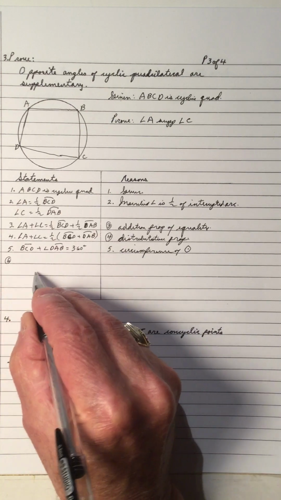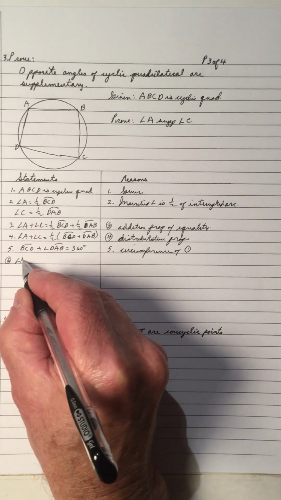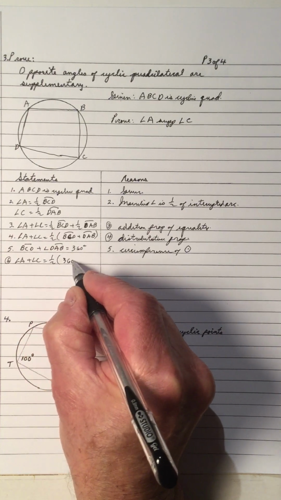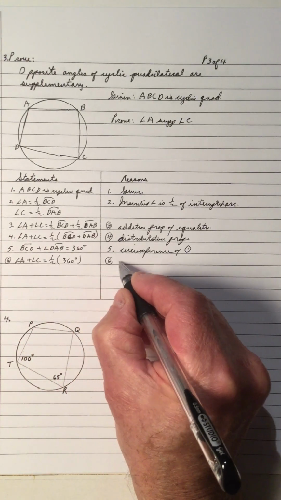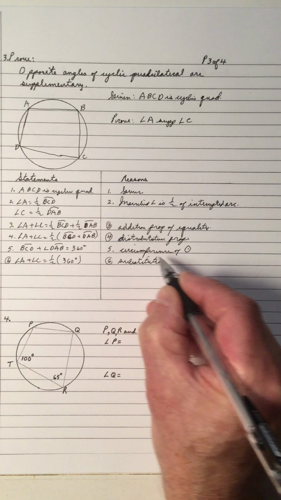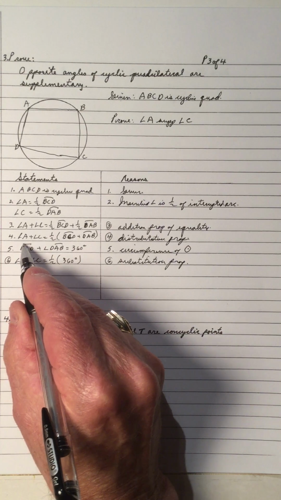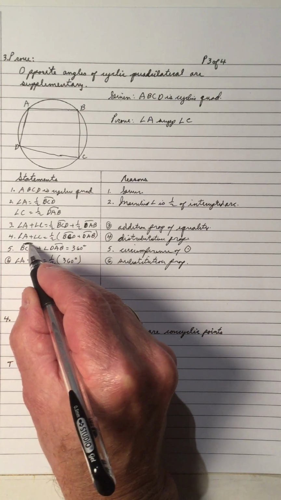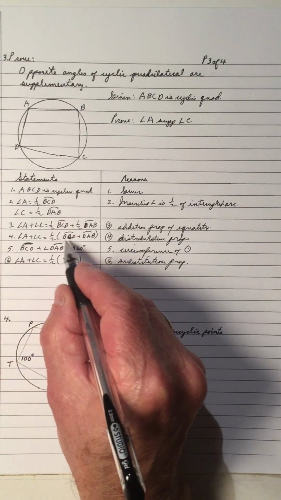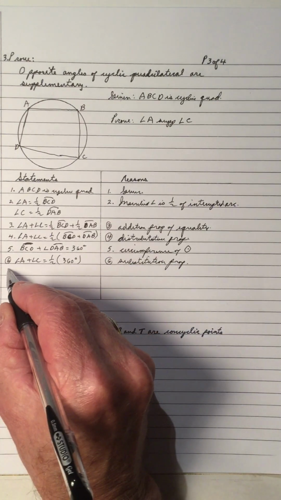So that means angle A plus angle C is equal to half of 360. And that's the substitution property. I replace these two arcs right here with 360 by substitution.